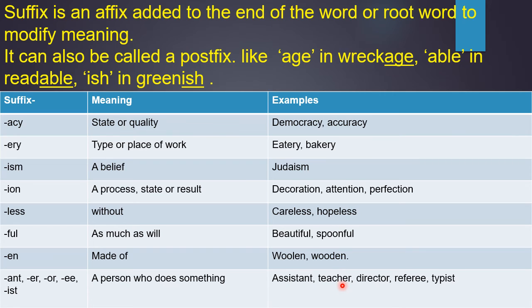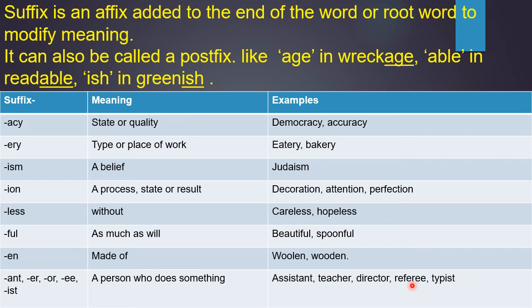Teacher. Take for example, your Auntie Manuela here, she's a teacher. So when she teaches you, it means she's a teacher. You see ER ends the word teach. Director, that's an example, the director of our school, OR. Someone that directs. Now the next one is referee.